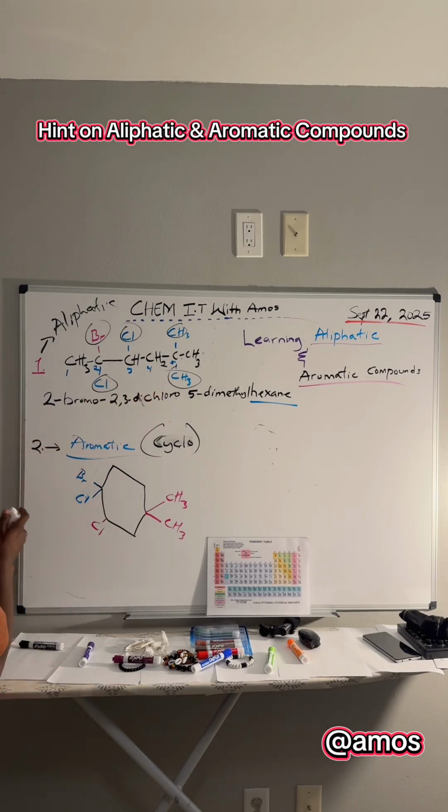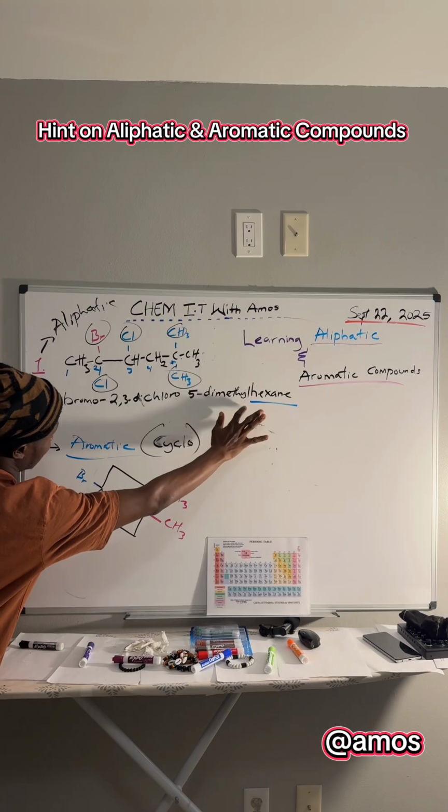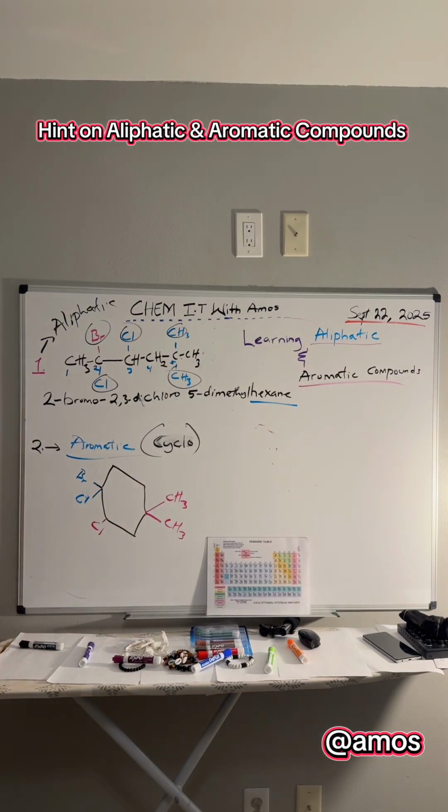When we were naming the earlier one, we never put cyclo because it was not in a ring form. It is in a chain form, so we exclude that. This one is the cyclic form and that one is the aliphatic form. That is just the key difference between those two things.